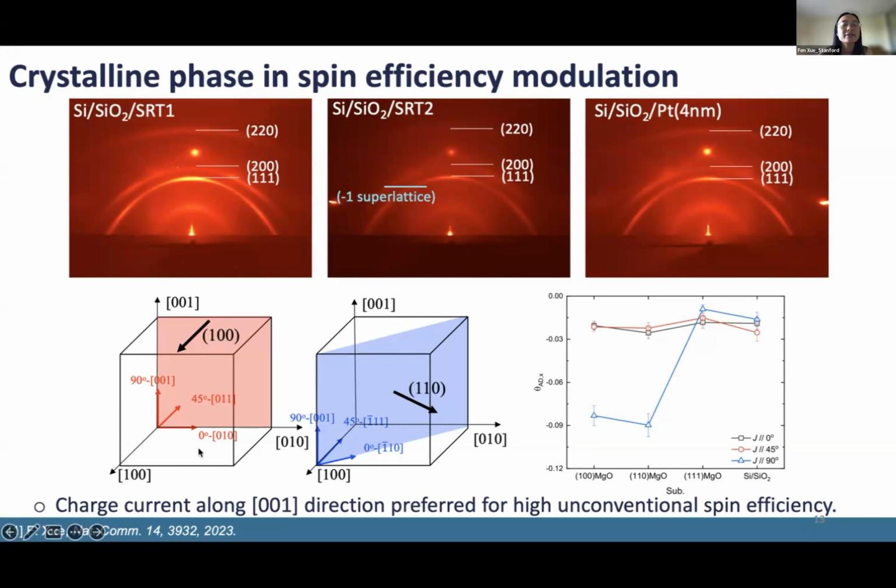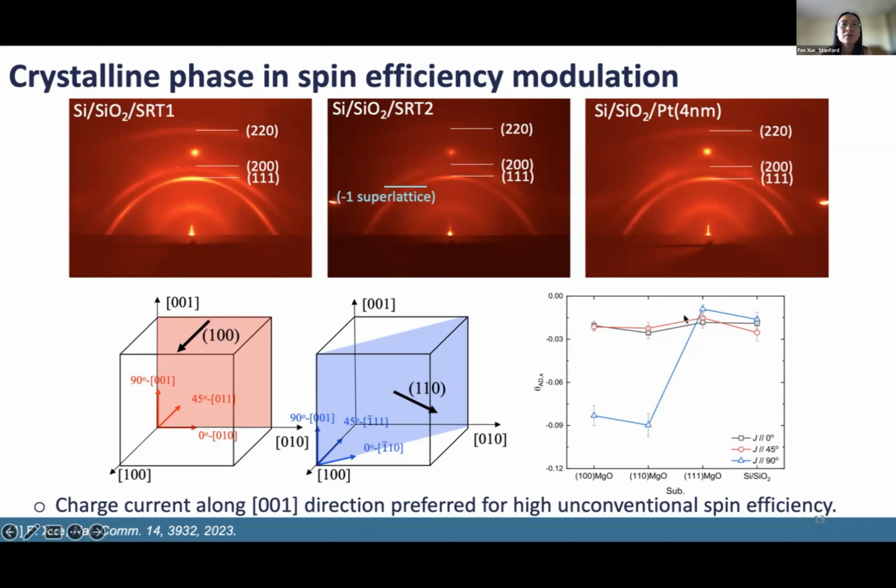We also tried different crystalline substrates, like 100 MgO, 110 or 111 MgO, and also amorphous, to compare and calculate the X spin polarization efficiency. So we define that the charge current along the 001 direction is preferred for the high unconventional spin efficiency, which is quite similar to other systems where a high priority of a certain crystalline orientation generates a high unconventional spin.